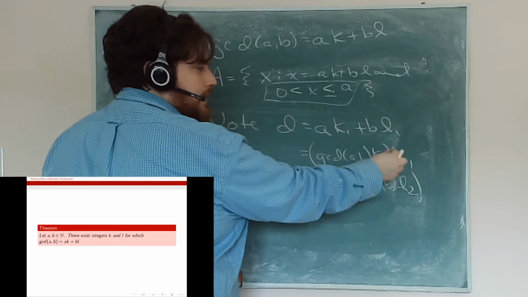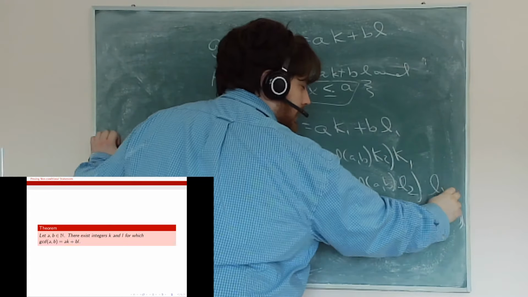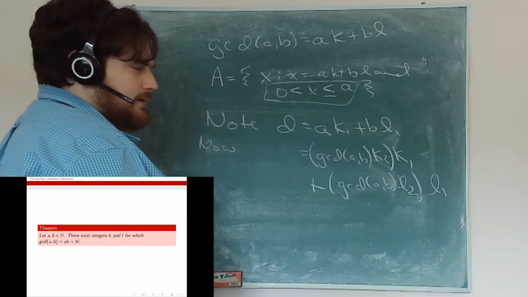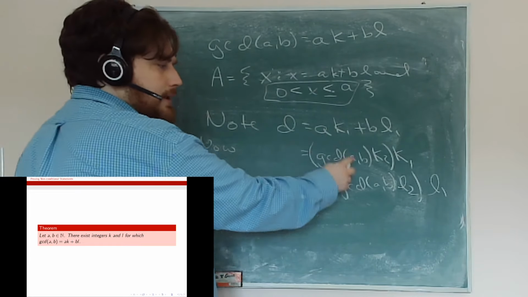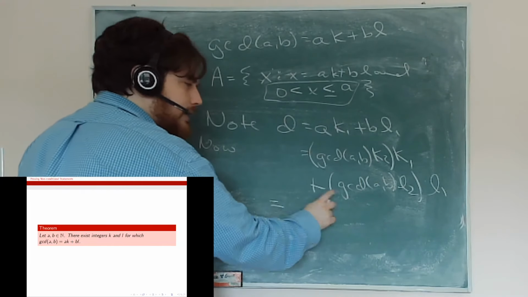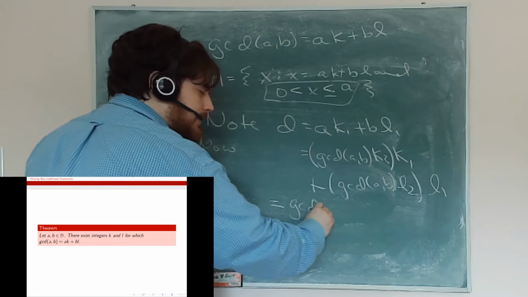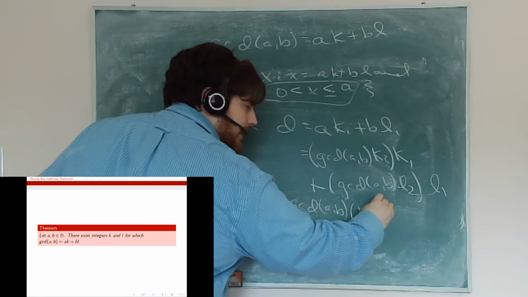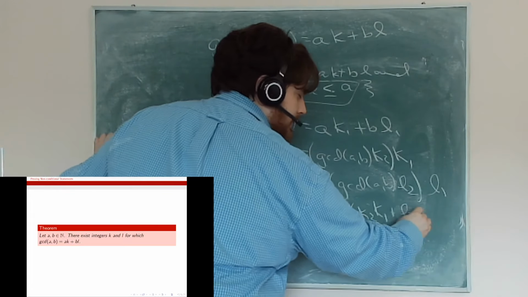So this times an integer is B, and I take B times L1. So I knew that this divided A and this divided B, so I can rewrite A and B in that form. And what I get is I can factor out the greatest common divisor of A and B times, this will be K2, K1 plus L2, L1.